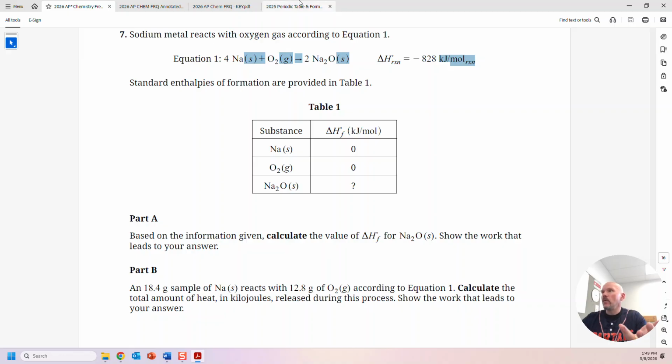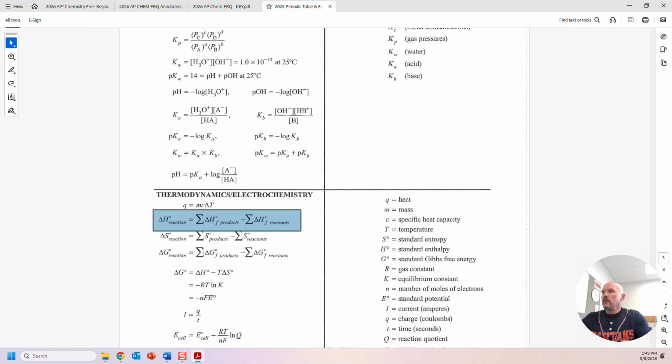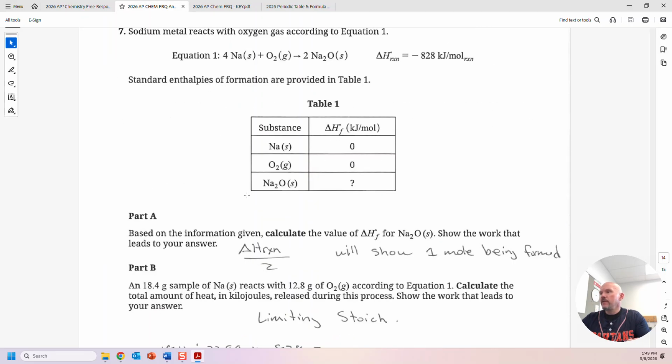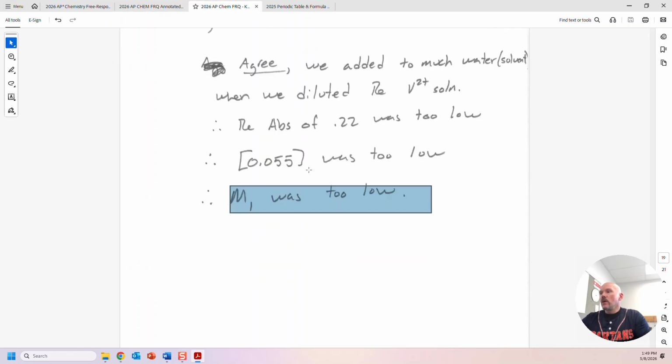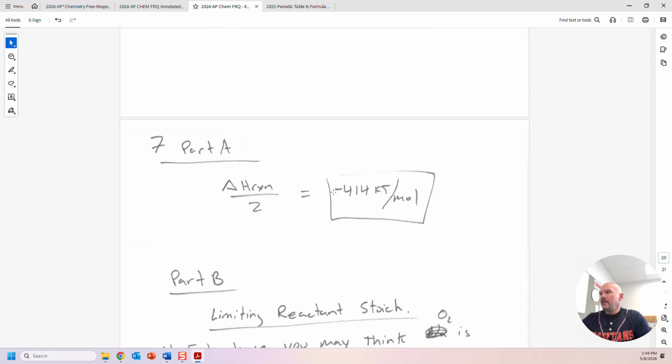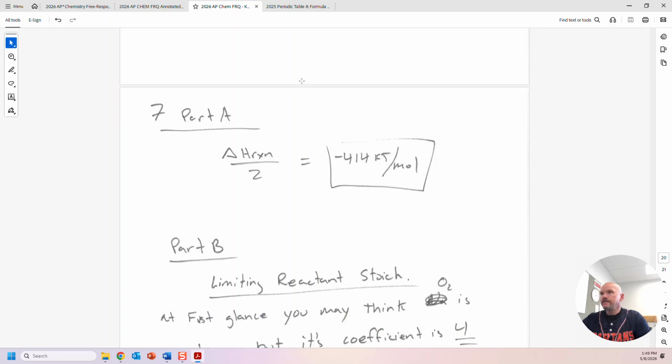That's what you would end up doing if you plugged it into this equation. So maybe you saved yourself some time, and you just did the delta H reaction divided by 2 because the reaction is showing 2 moles of this being produced, and I just need to know how much energy for 1 mole being produced. So the answer comes out to be negative 414 kilojoules per mole.